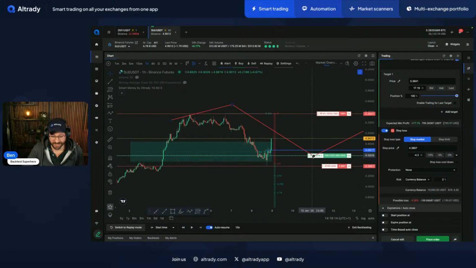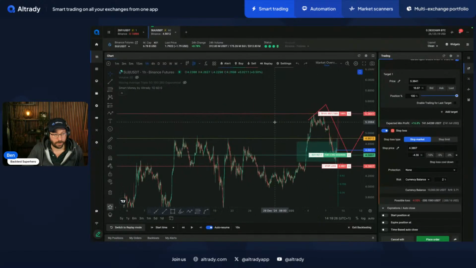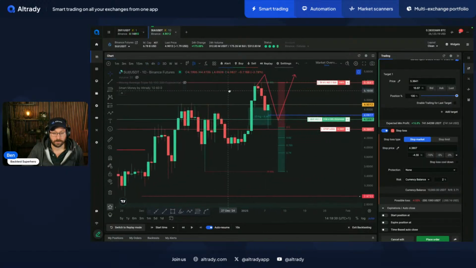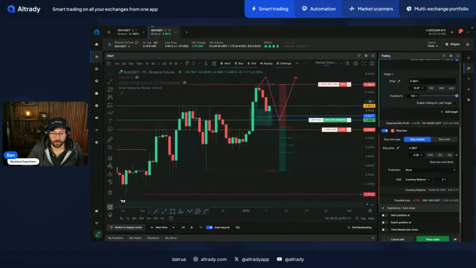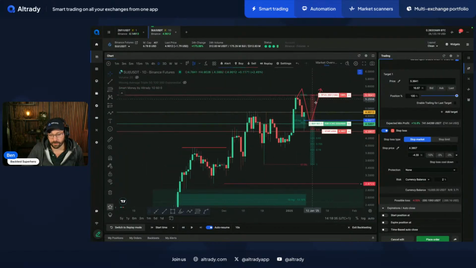Let's do that. Yeah. The only concern is, I don't know if you remember what we discussed on the daily time frame. We said that it took this liquidity and then we might see a bearish move.